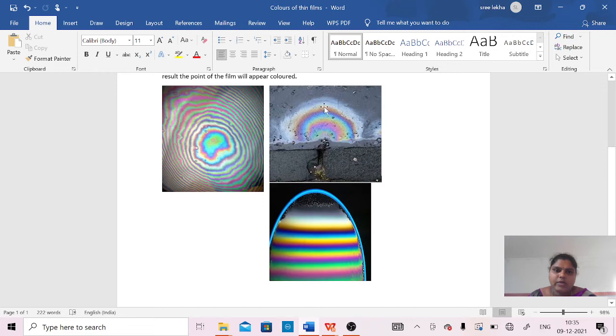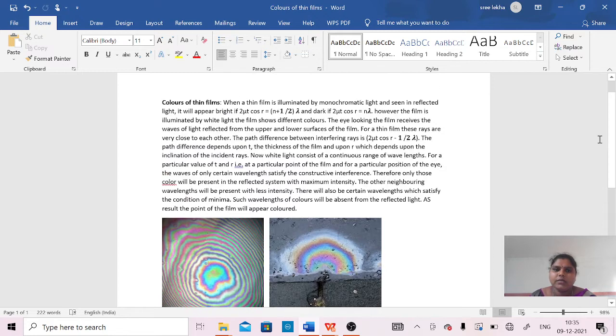We usually see this pattern on our roads, especially in rainy seasons. Water and oil don't mix, so they form a layer between the two mediums, and we are studying that. We have two conditions: when monochromatic light illuminates the film, we get bright and dark fringes.